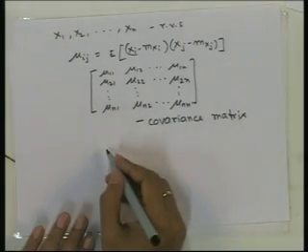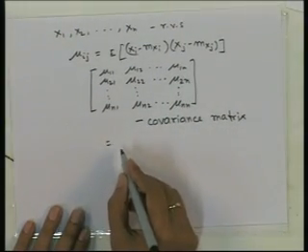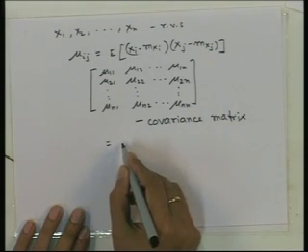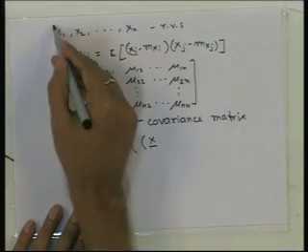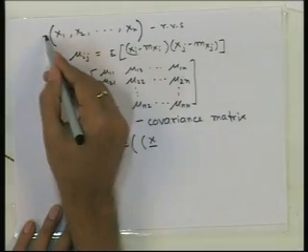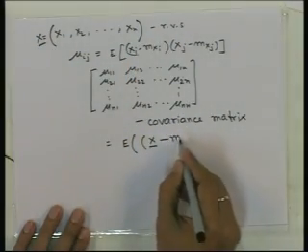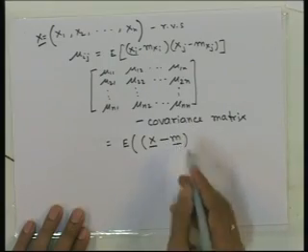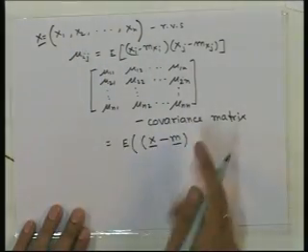One can also write this matrix in vector notation very nicely, as the expectation of the vector x, this is the x vector, minus the mean vector, which is a vector with mx1, mx2 up to mxn.